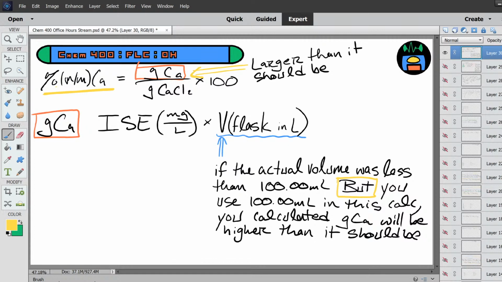This will result in deflated values for percent calcium and percent chloride.